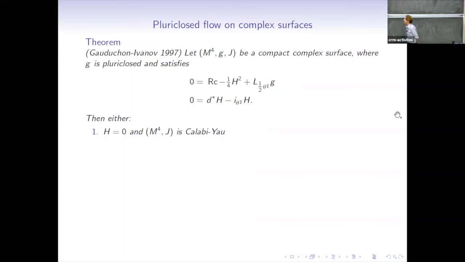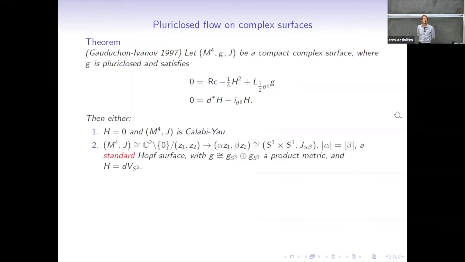Now what they prove is either H is 0 and it's Kähler, or you get a very special example. So M, J is not just the Hopf surface, but it's a so-called standard Hopf surface. It's a quotient of C² minus the origin by a dilation by complex numbers α, β, which have the same norm. And the metric is a product of the round metric on S³.